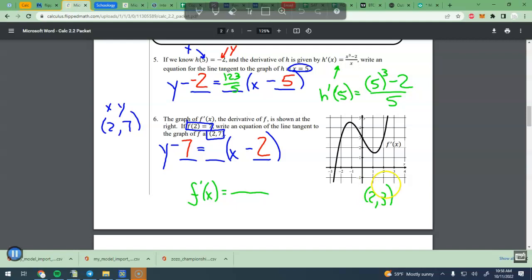But this graph is not x comma f of x, it's x comma f prime of x. So when x is 2, the value of the derivative is 3, which means the slope of the original graph is 3. We can't see the original graph, I don't even know what the equation is, but the y values here are slopes of the original, so I can grab that number and throw it there.